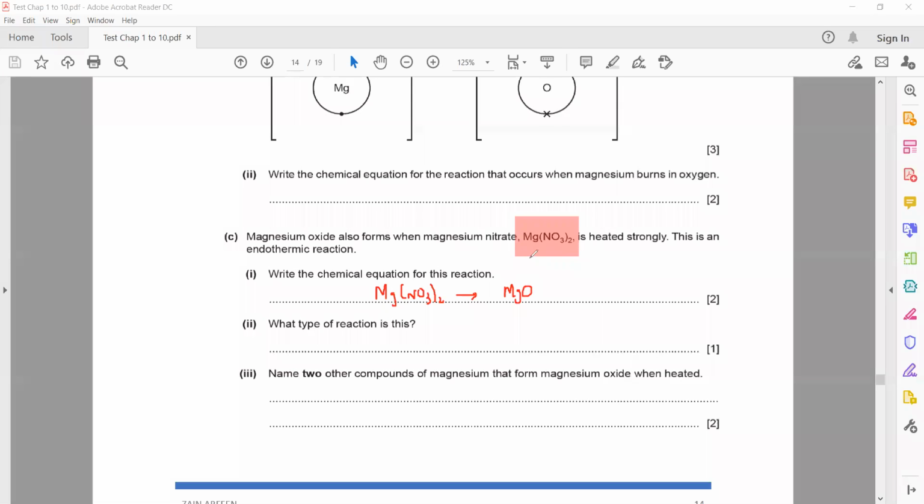From calcium till copper, they all decompose into metal oxide plus nitrogen dioxide plus oxygen. Below copper, they decompose into metal plus nitrogen dioxide plus oxygen. Above calcium, like potassium and sodium, they decompose into metal nitrite, meaning potassium and sodium nitrite, plus oxygen. So this will result in the formation of nitrogen dioxide plus oxygen.